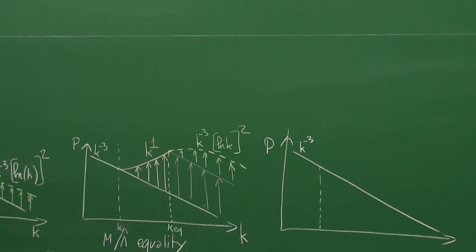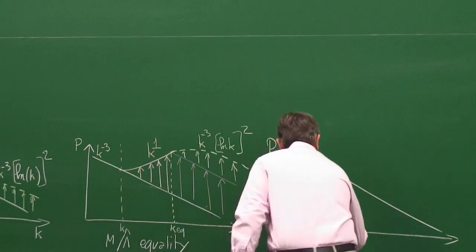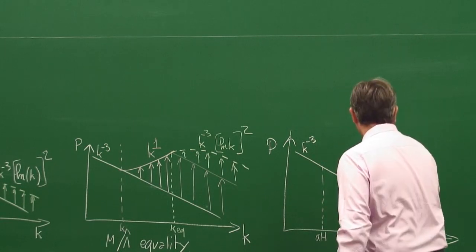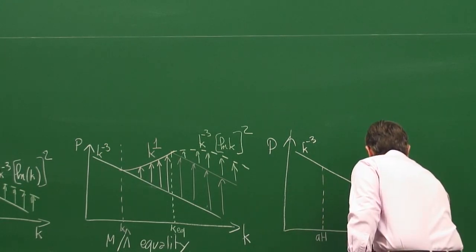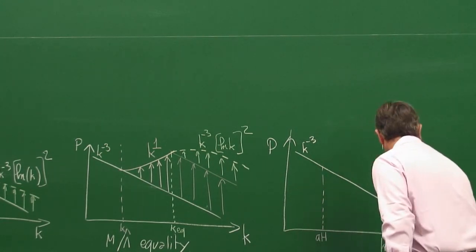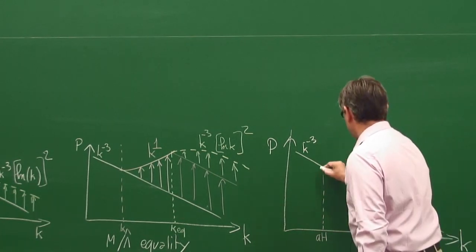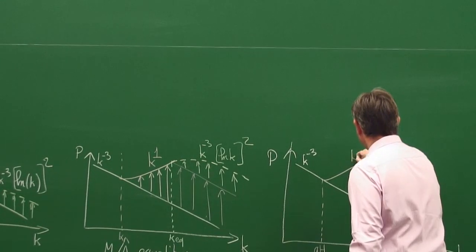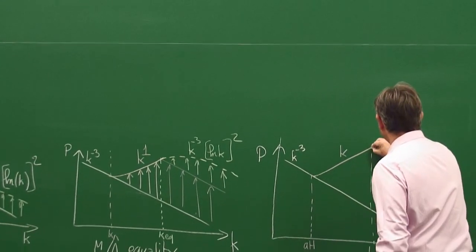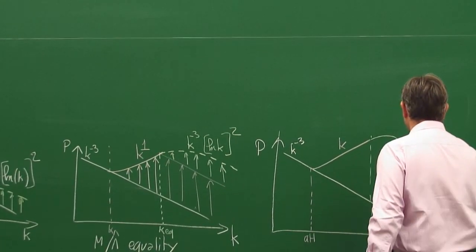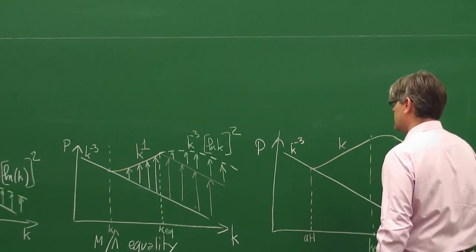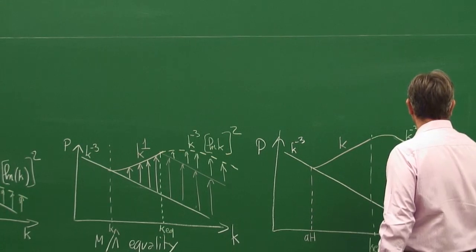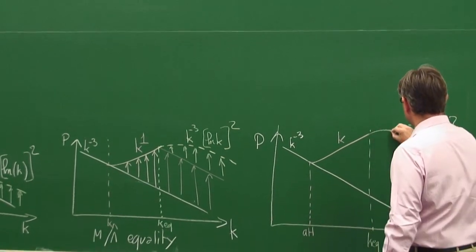And this is aH. So here we have aH. Here we still have k equality. We have here this behavior in k, and here in k to the minus 3 log k squared, with a smooth transition here.